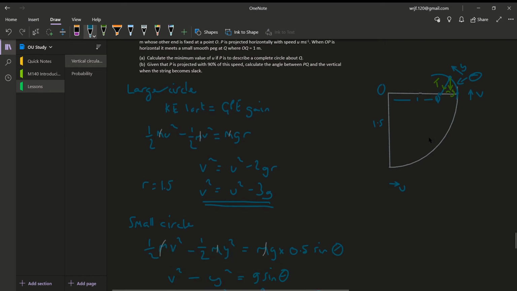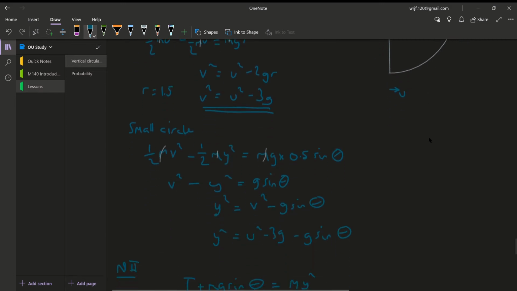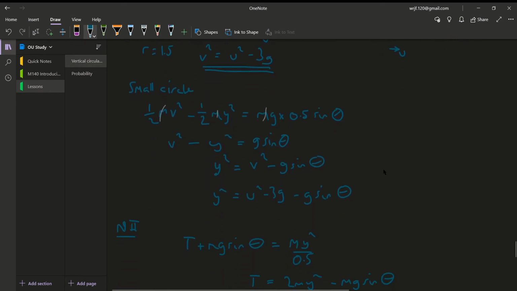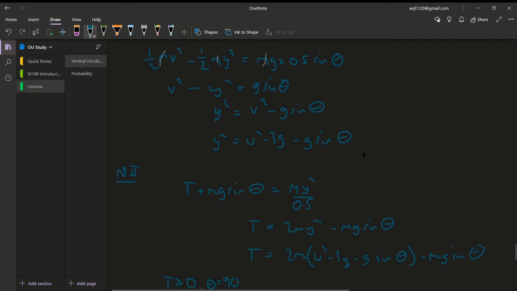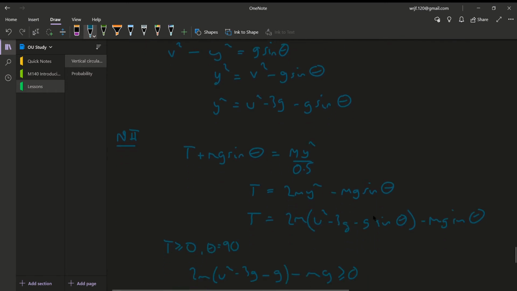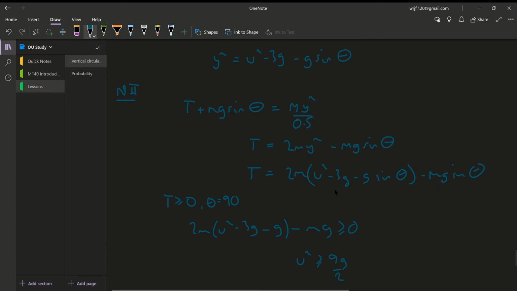We did it in a general case, not just going straight up to 90 degrees, the top of that circle. And in part B, we're about to see the benefit of why we've done that.